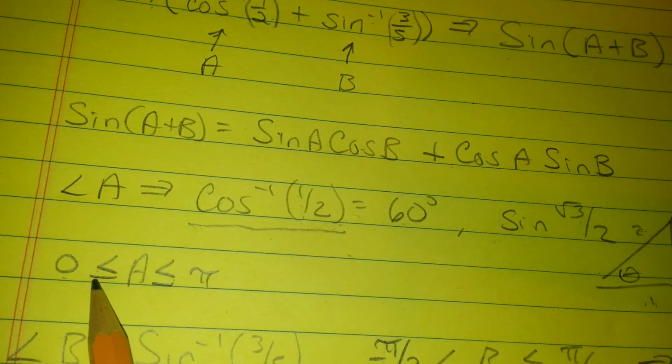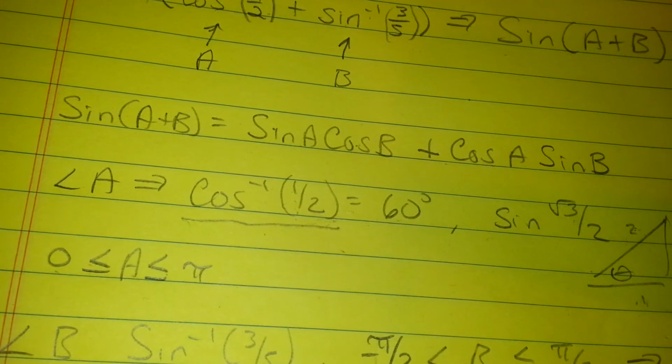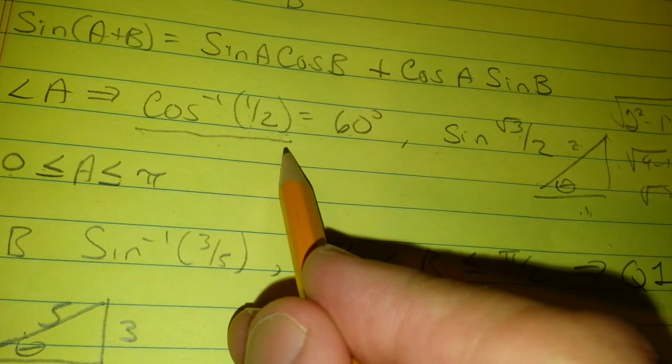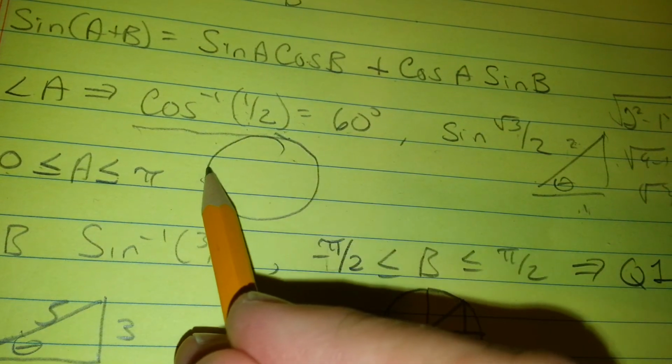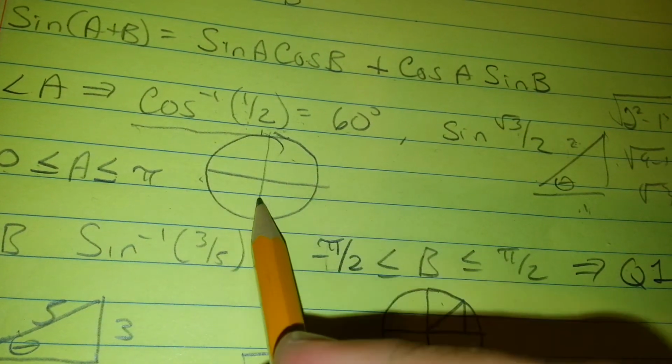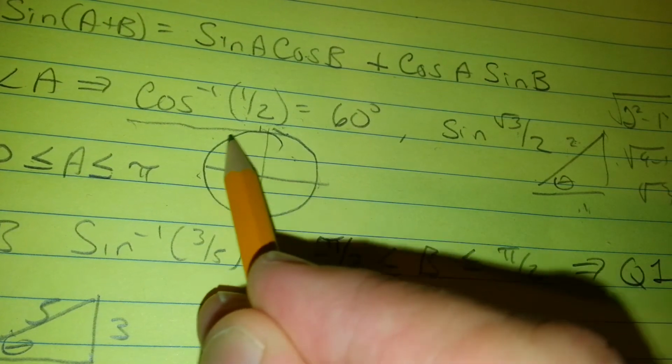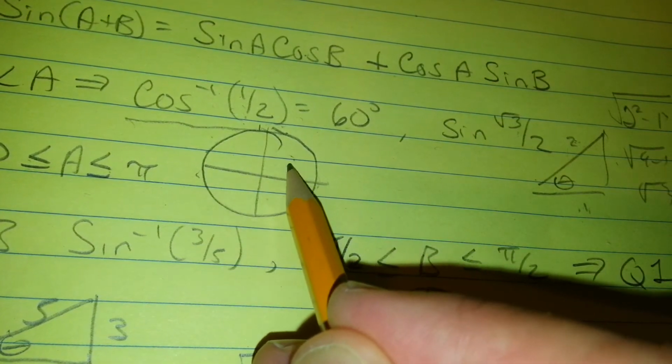So cosine is positive, so it has to be in this angle. This is from 0 to pi, and this is the only angle where cosine's positive.